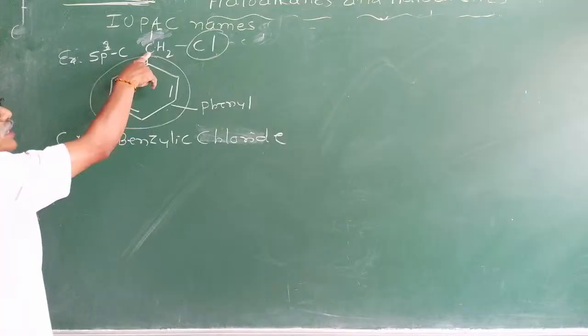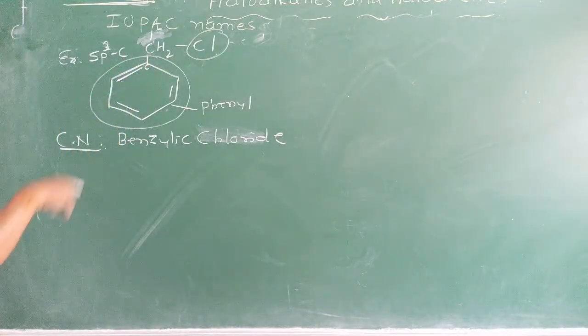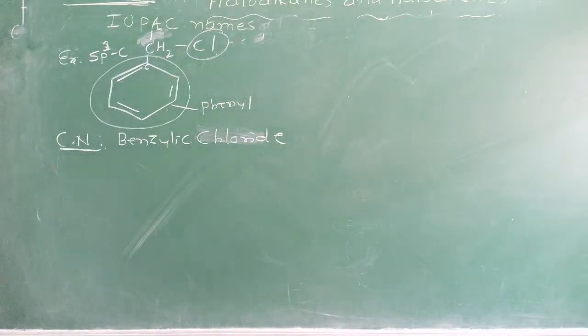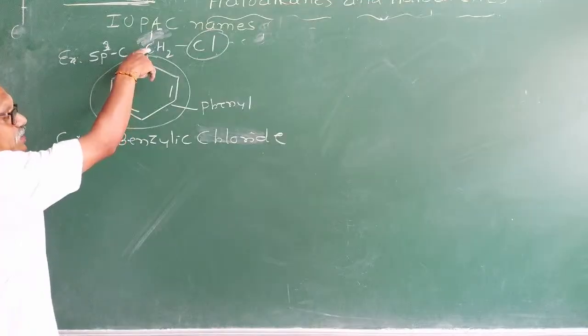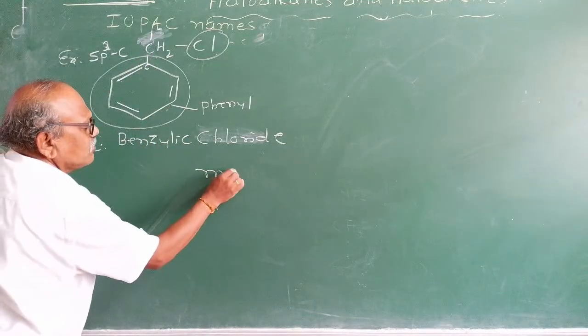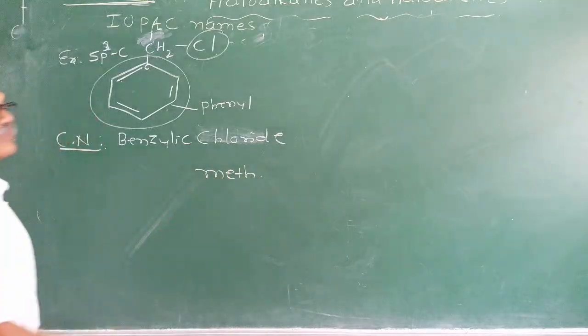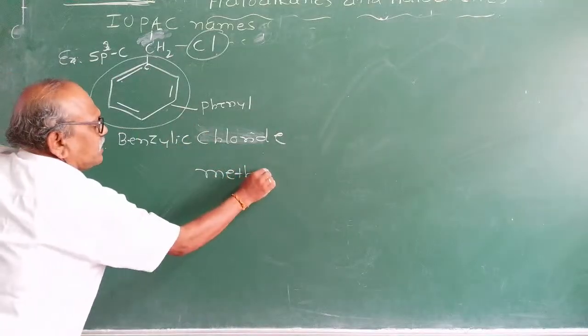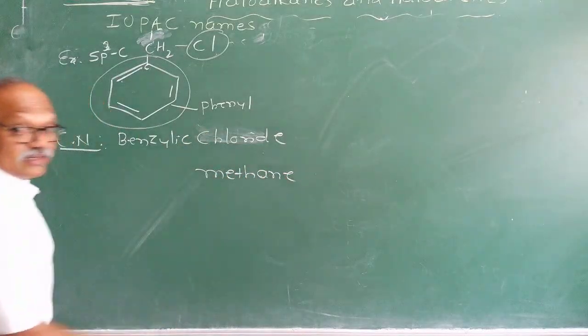Then root word is meth. No preference is given for the phenyl group. Therefore you name it as a derivative of the root word with only one carbon atom. What is the root word? Meth. And a carbon single bond is present, therefore it is called methane.